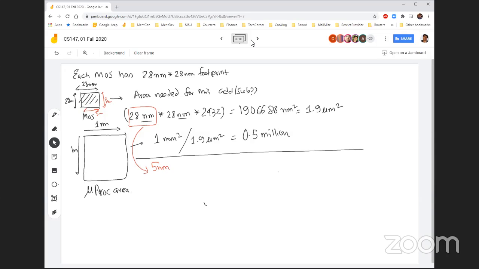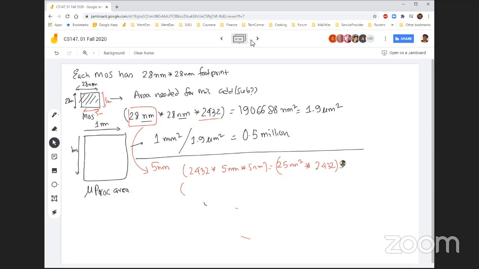So it's a similar thing, let's compute. It is 2432 MOS. Now it will take 5 nanometer multiplied by 5 nanometer, which is 25 nanometers square. Okay, so the total area will become nanometer square multiplied by 32.